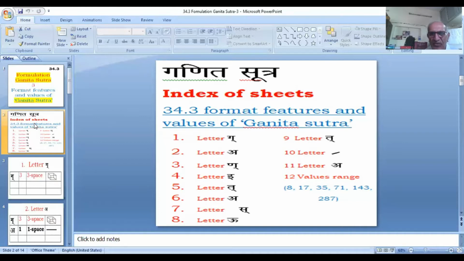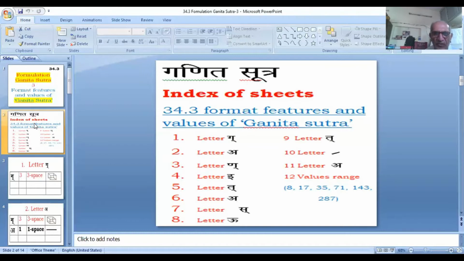The second word Sutra is a composition of 5 letters which compose a pair of syllables. As such, the Formulation Ganita Sutra, which is a composition of a pair of words of 3 plus 2, 5 syllables, and 6 plus 5 is equal to 11 letters in all.